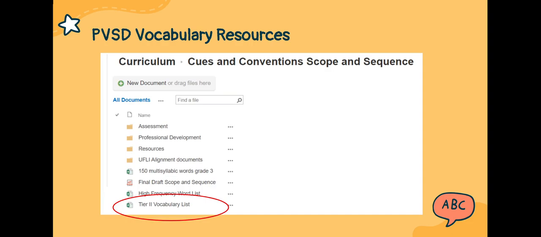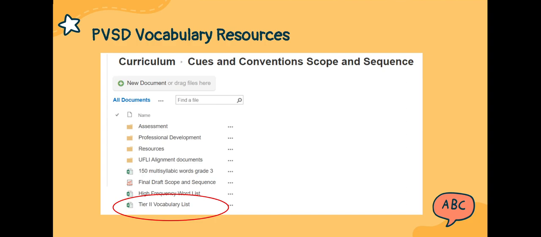On Insight, you can find a list of potential Tier 2 vocabulary words by grade. These lists are not exhaustive, but are meant to provide examples of high-utility words that can be pulled from student materials. They are meant as inspiration to help you develop your own list of Tier 2 vocabulary from the materials in your classes.